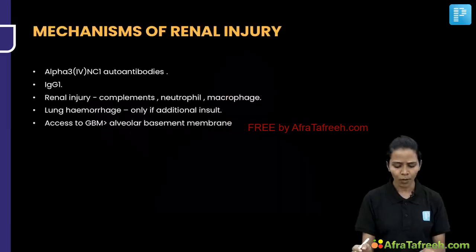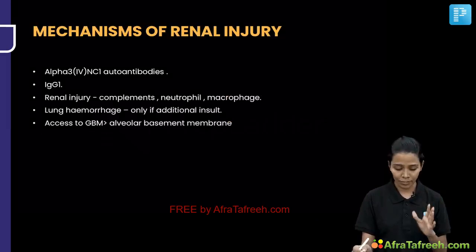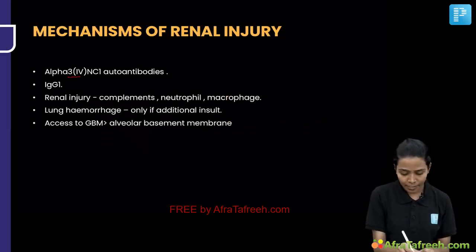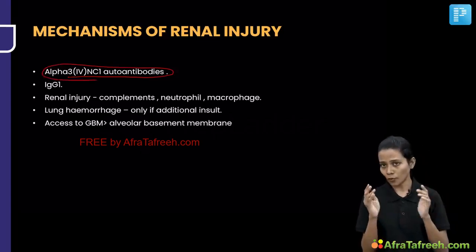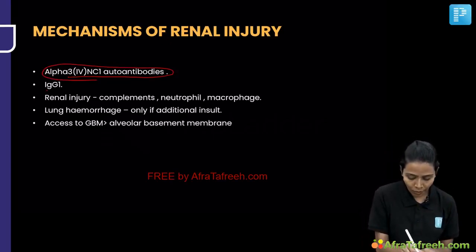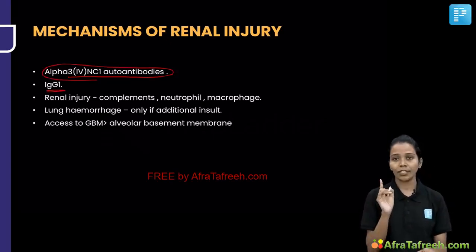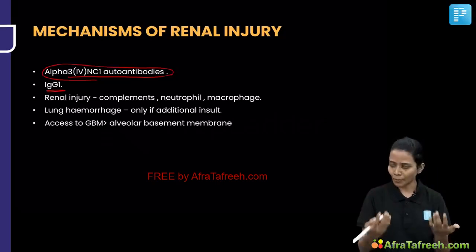Now, we know that the antigen is exposed. How does it cause renal injury? Once the antigen is exposed, there is formation of antibodies, that is, alpha 3 of collagen 4, NC1 domain autoantibodies. These autoantibodies are IgG1 type, and renal injury happens once these antibodies are deposited.